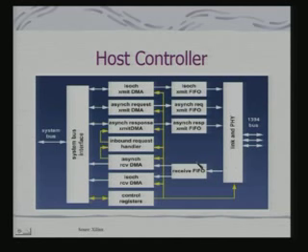Now let us try to understand what is specified here. We are talking about the system bus interface, these interfaces with respect to, say, a system bus like PCI, and this layer is IEEE 1394.